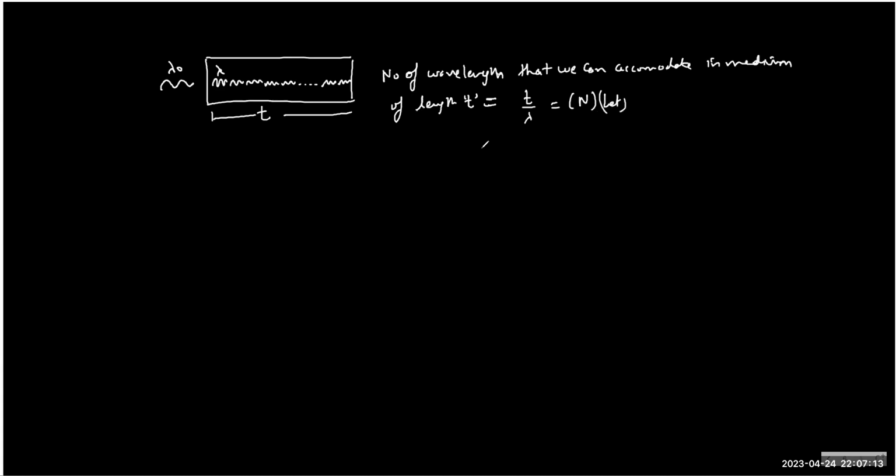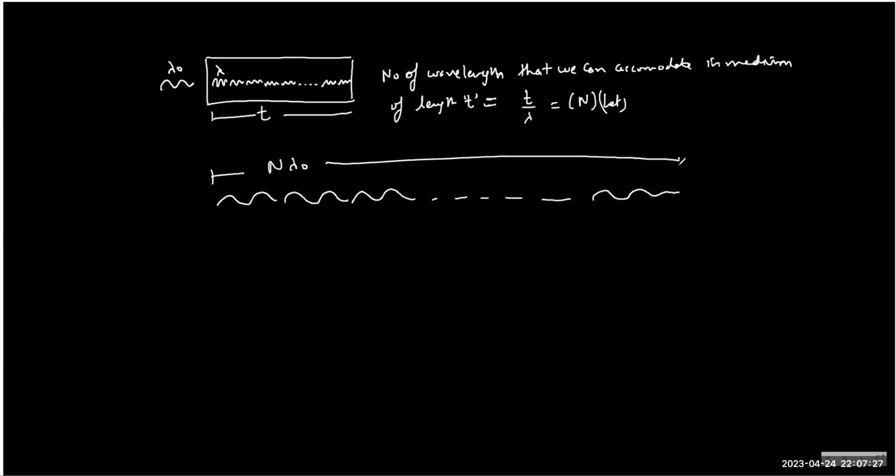Now, if I want to keep the same count in air, how much length of air do we need to keep the same count? So n lambda naught, correct? So the equivalent medium length, let's call it L optical.